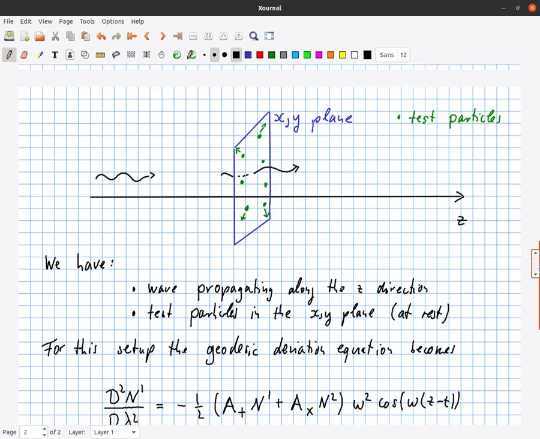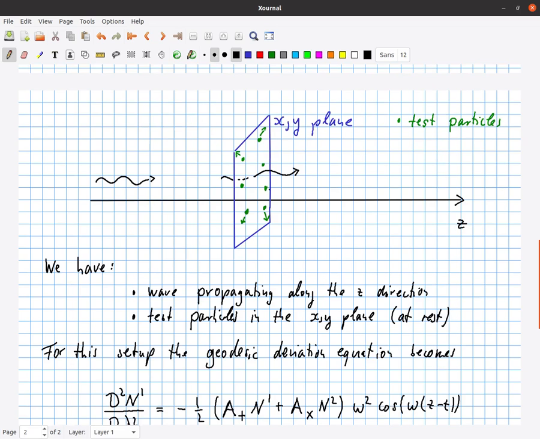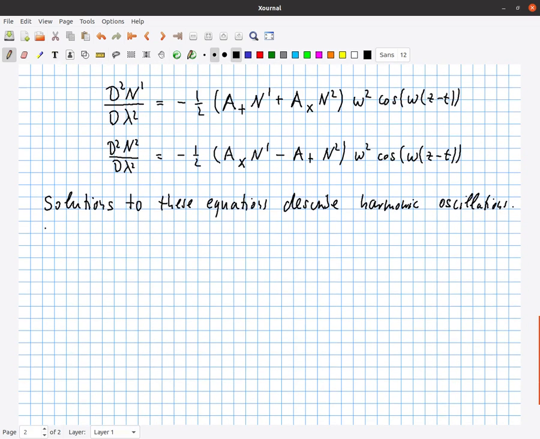And as I indicated here, what one tries to do is you are trying to think about a ring of test particles. Let us consider a ring of test particles.